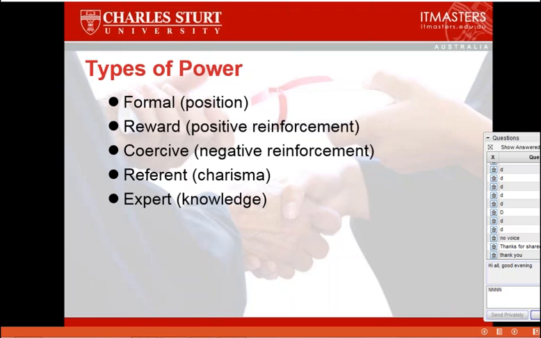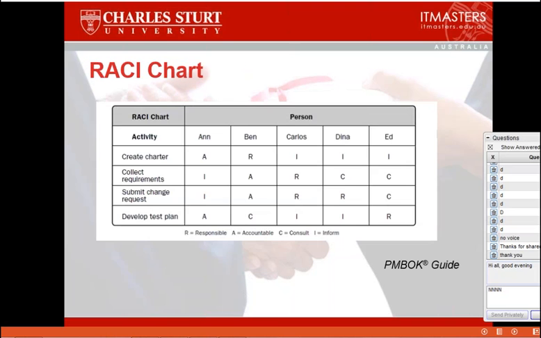You reward people to recognize them, and then the coercive, which involves negative reinforcement. You've got referent, which is charisma. Because you happen to be a very charismatic person, people will follow you. And because you happen to be an expert, people will say, wow, that person knows what they're talking about. We will actually recognize them.